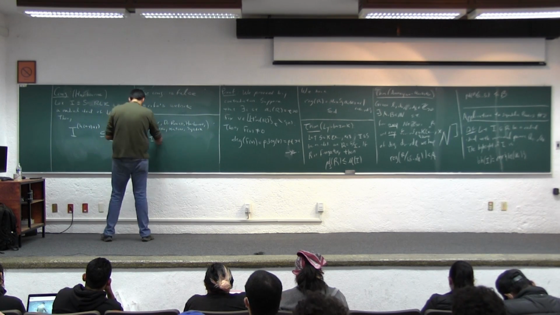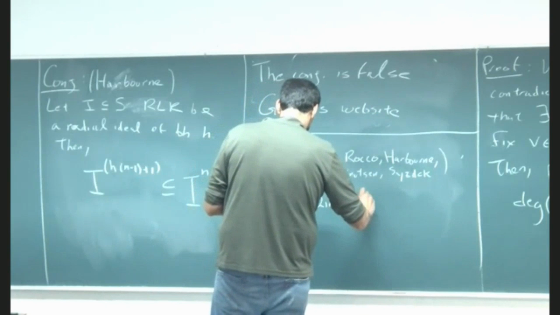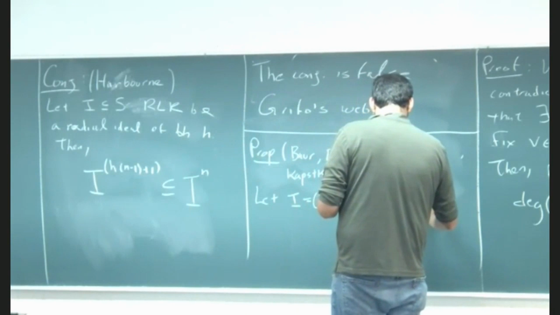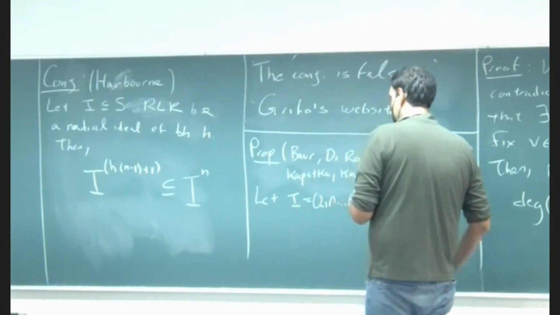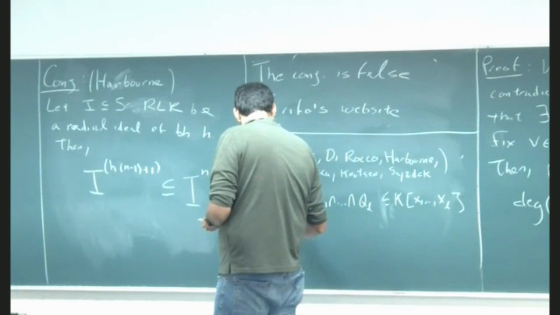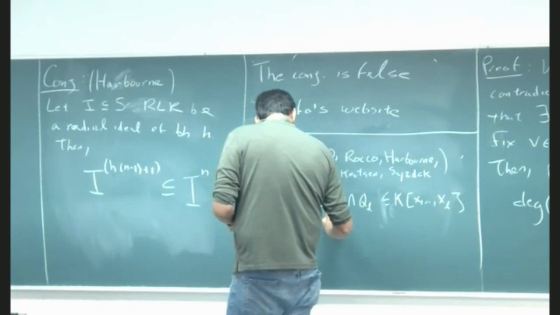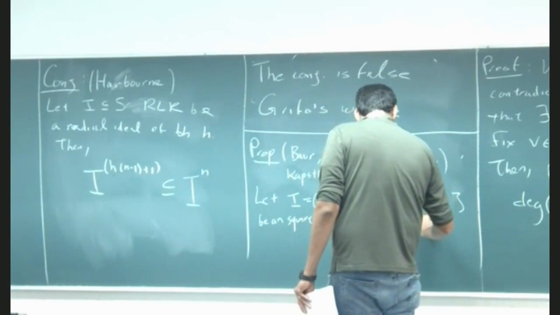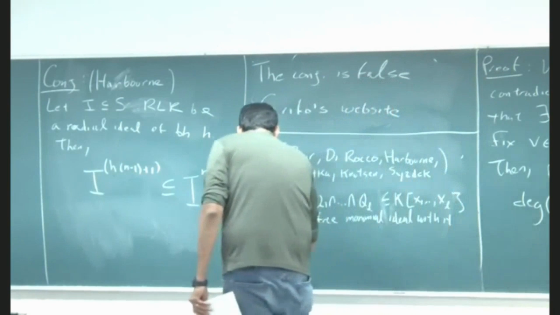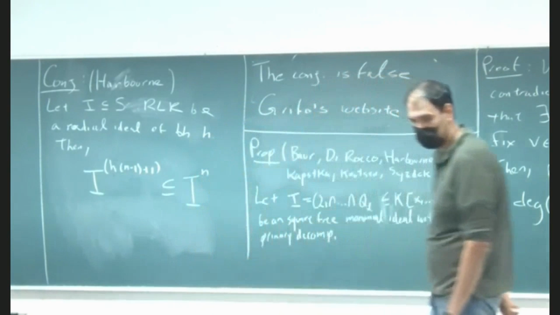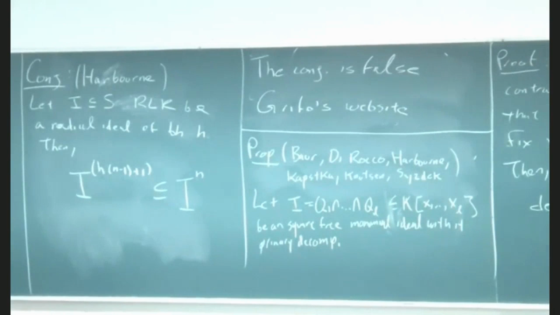Let I be a square free monomial ideal in a polynomial ring with its primary decomposition. So I'm writing this as an intersection of minimal primes, which we know every minimal prime is generated by variables.